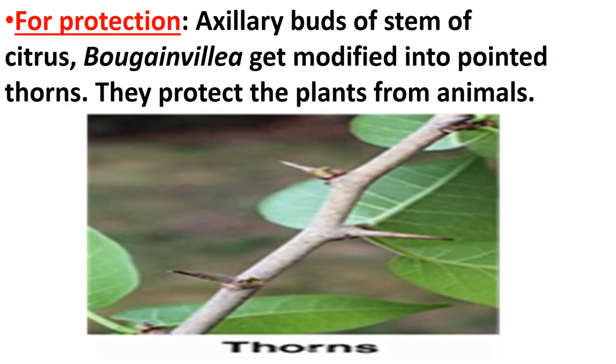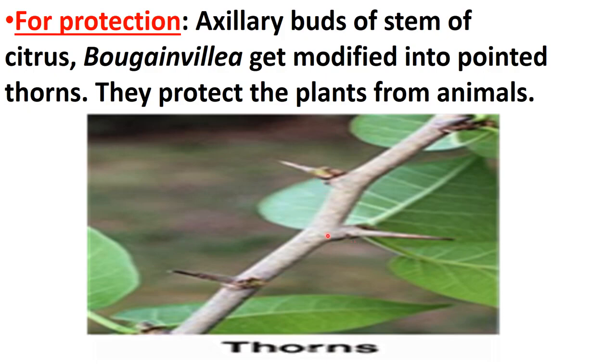This type of stem modification is for protection. Here in some stems, thorn-like structures are formed. These thorns are modifications of the stem only, right? In some plants, these thorns help in the protection of the plant from grazing animals. And where do these thorns arise from on the stem?